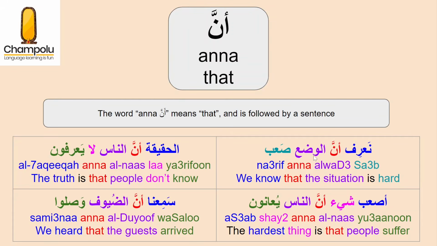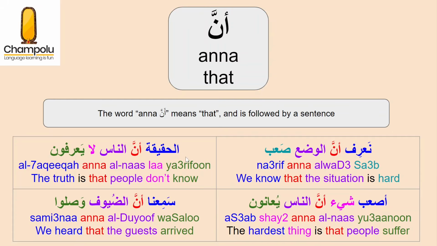So we can find a sentence like الوضع صعب, like the situation is hard, and then we can put it like that. نعرف أن الوضع صعب. So we know that the situation is hard. So you find here the word أن, and then it's followed by the sentence الوضع صعب.